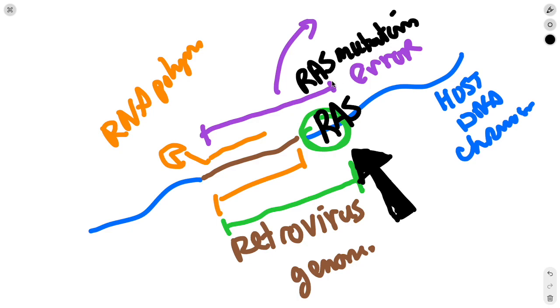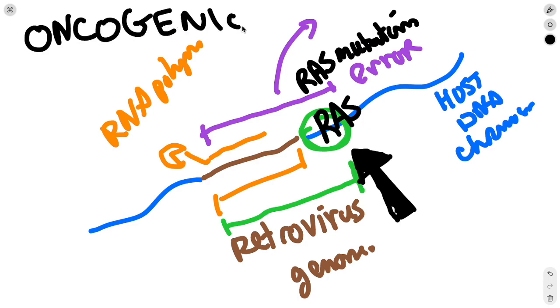It could cause cancer, because we've seen that RAS is on a growth pathway. And if it's defective, it could cause cancer. And those retroviruses are referred to all together as oncogenic, that means cancer-causing retroviruses.